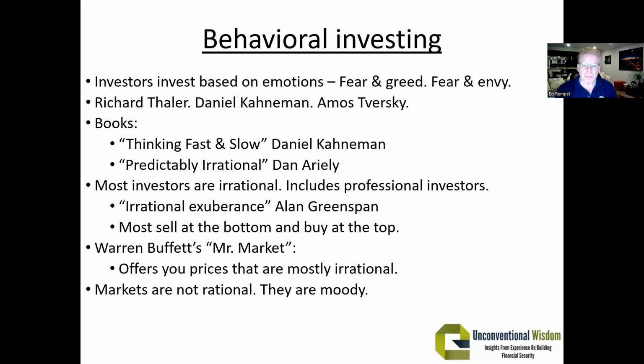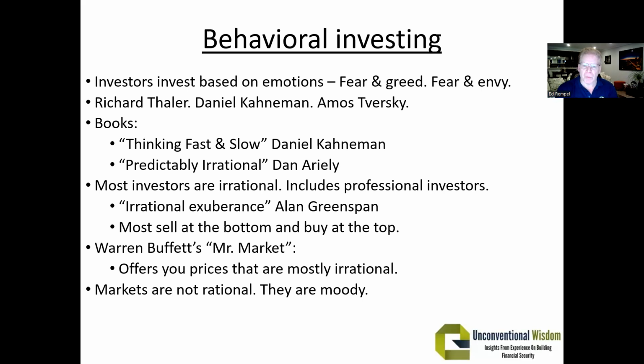There's a whole bunch of books out there. The classics, sort of the best known ones, are Thinking, Fast and Slow by Daniel Kahneman and Predictably Irrational by Dan Ariely. So basically most investors are irrational, and this actually includes professional investors. It's amazing how many of them, even the pros, tend to get caught up in all of this.